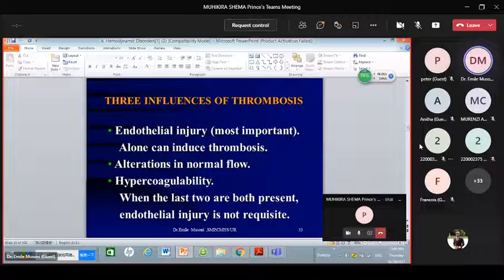Hypercoagulability, this one is that cascade of coagulation when there is an increase of the factors of the coagulation. They say when the two are both present, endothelial injury is not requisite, meaning that alteration of the normal flow and hypercoagulability, this one also can intervene alone in thrombosis.